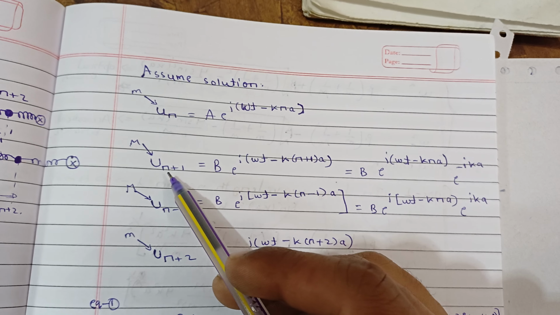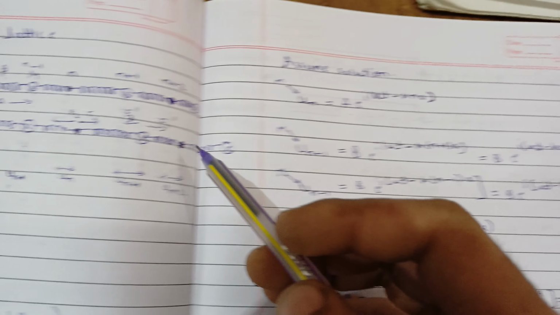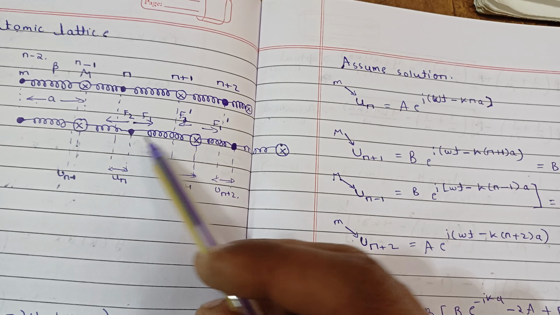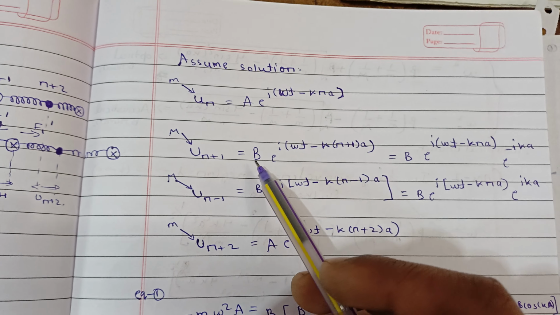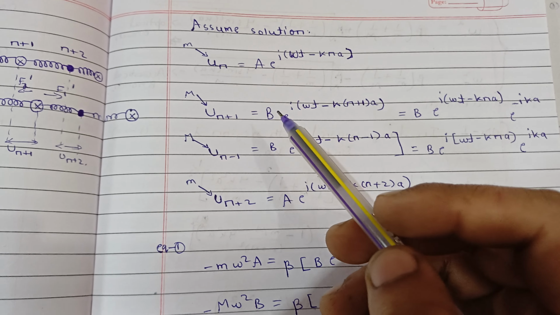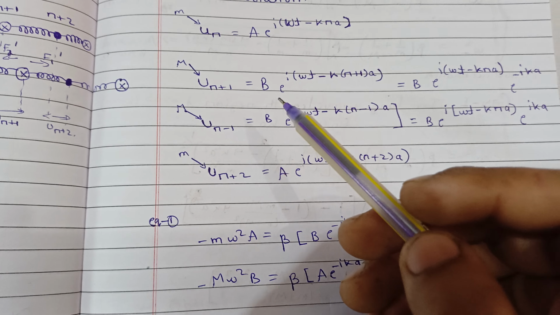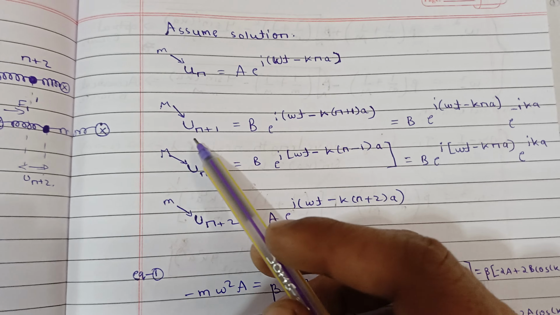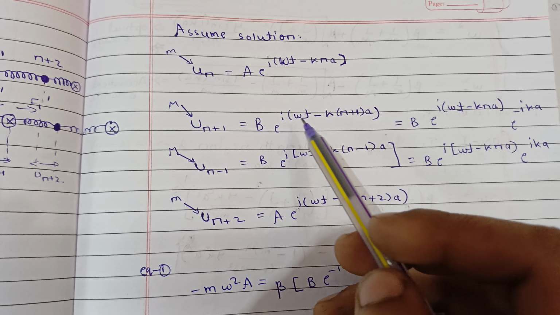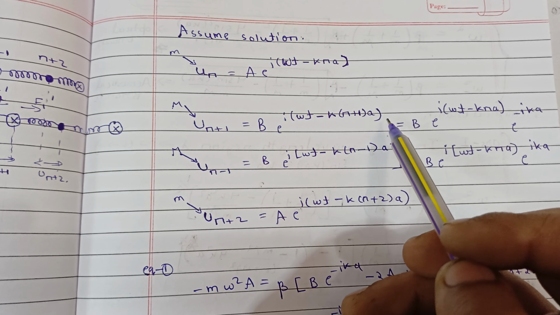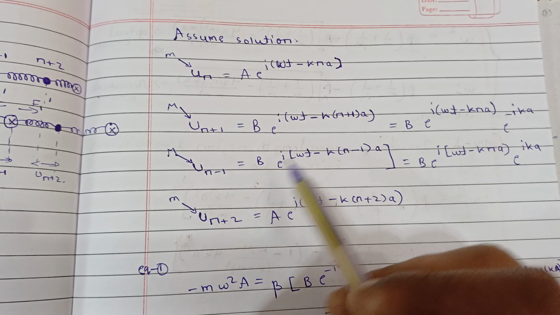For n plus 1 we have the capital M particle, so the displacement will be different. If the masses of the two particles are different, the maximum amplitude will be different for both particles. So un plus 1 will be B e to the power i omega t minus k n plus 1 a, because it is at the n plus 1 location.